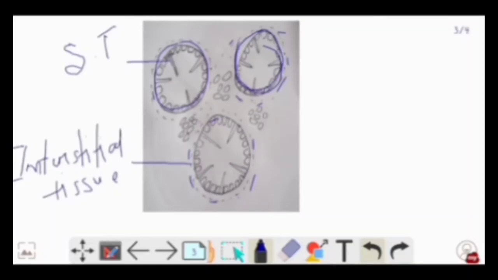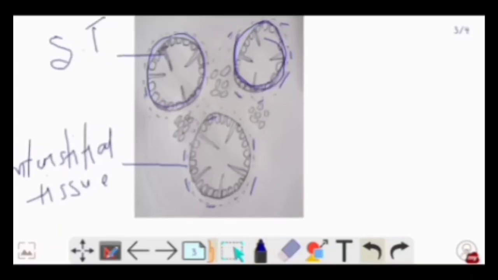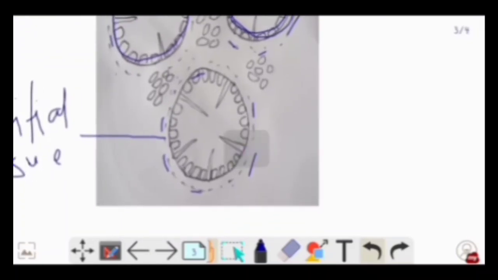Now this seminiferous tubule is lined with germinal epithelium. Here we can see two types of cells.